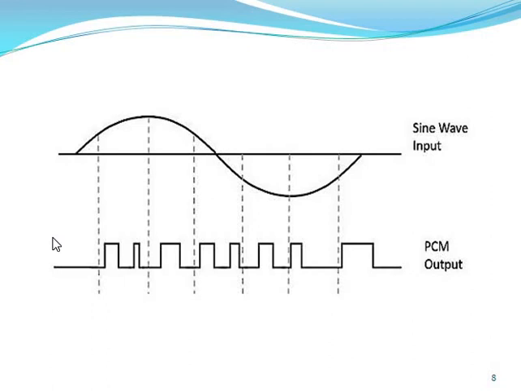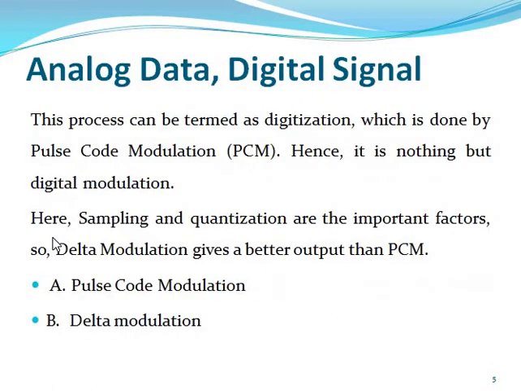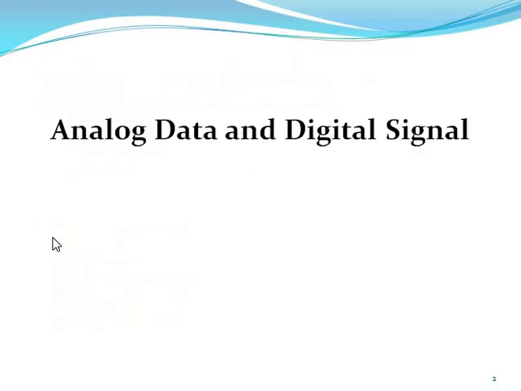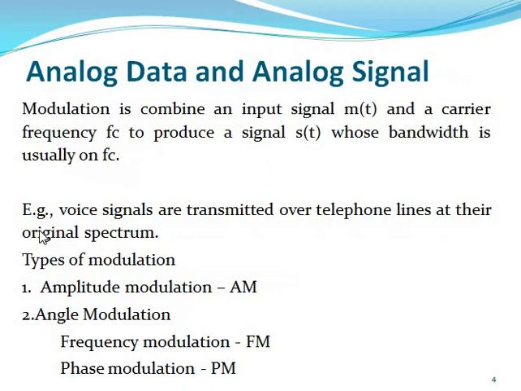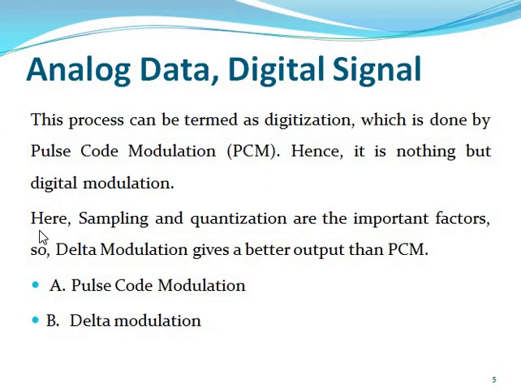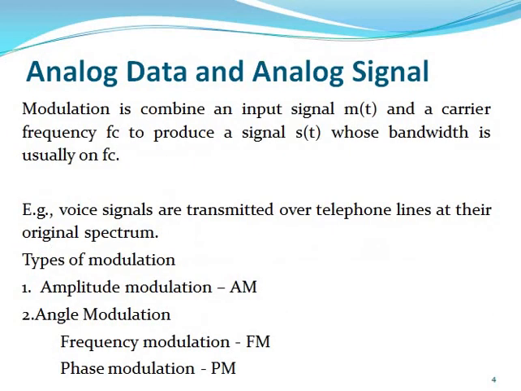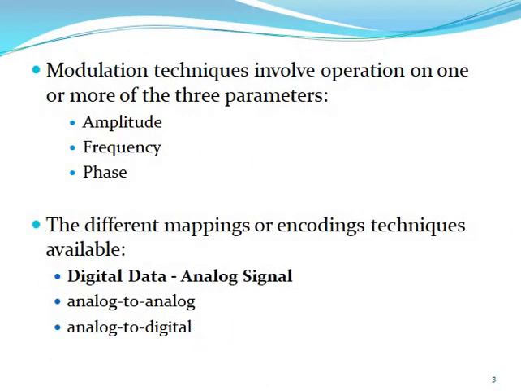So you can see this is the complete analog data modulation. You saw analog and digital signals previously. Today we discuss analog data and digital signal. So one topic is completed here, the topic of modulation, covering amplitude, frequency and phase, and all the frequency modulation is completed here.